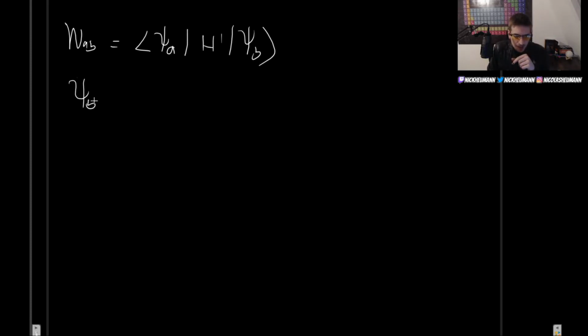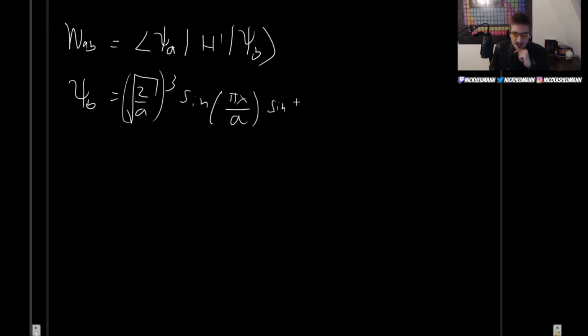So psi b is square root of 2 over a cubed, sine of pi x over a, times sine of pi y over a, times sine of 2 pi z over a. Okay, this is the wave function.